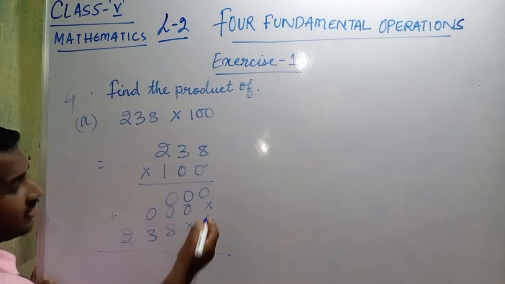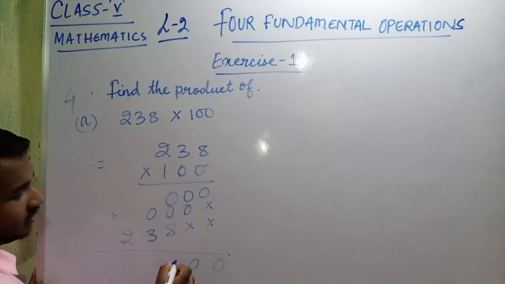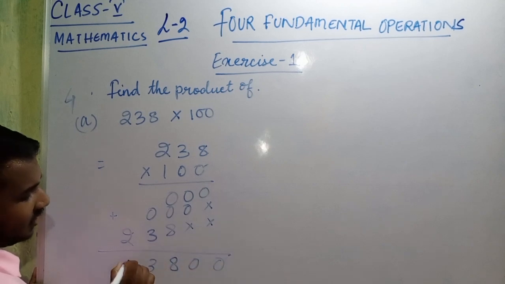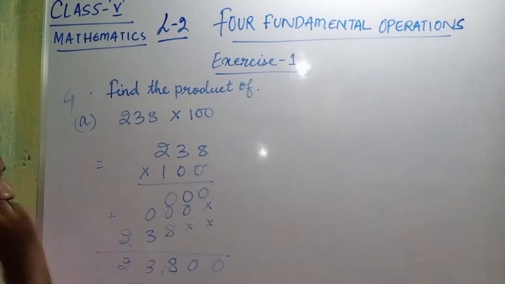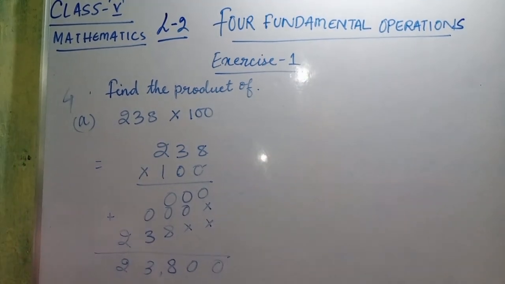Then you have to add: 0 0 8 3 2. The 3 digits are finished. This is your answer. This is your solution. A very basic thing that you are learning. Okay. So this is the product.